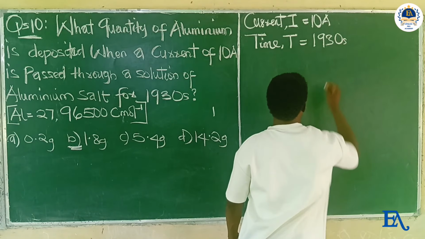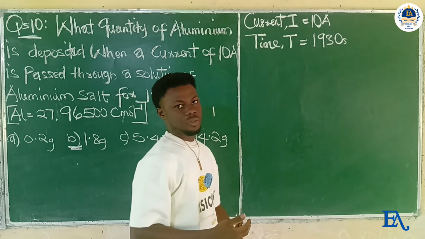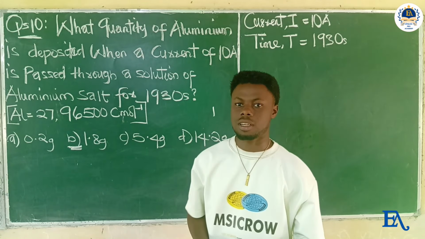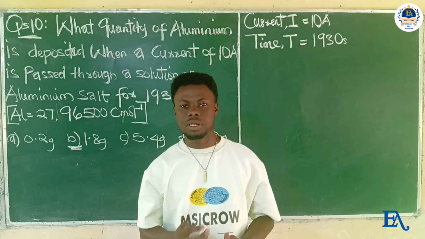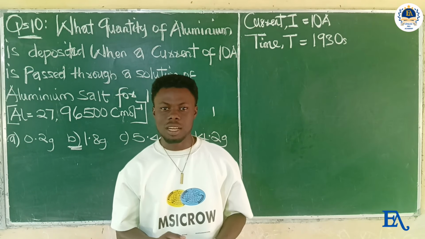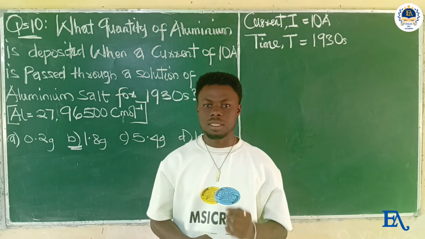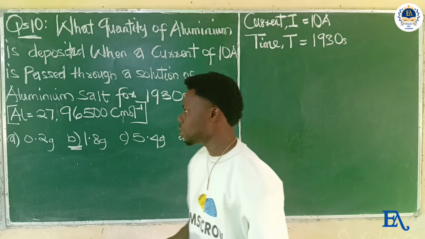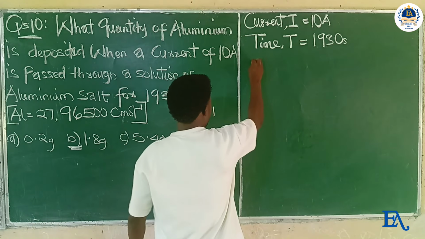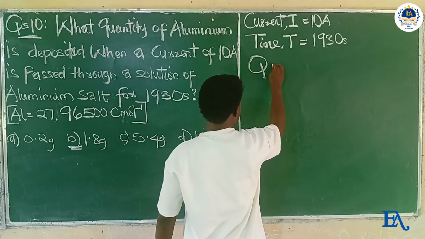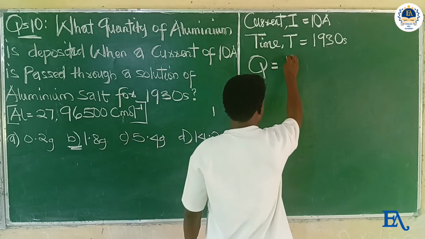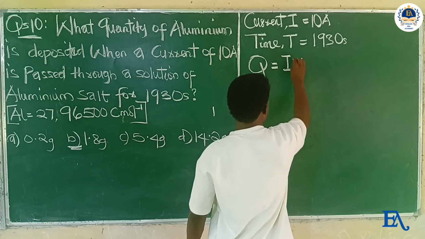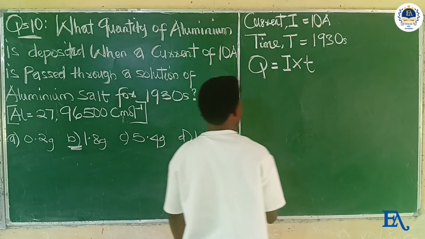1930 seconds. According to Faraday's first law of electrolysis, which states that the mass of a substance liberated or deposited at an electrode during an electrolysis is directly proportional to the quantity of electricity that passes through the electrolyte, we have the formula Q, which represents charge, is equal to current times time.